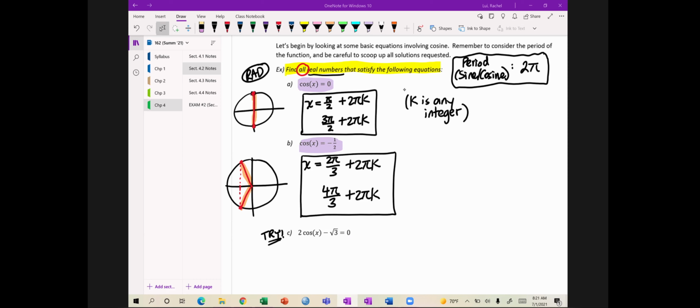And the equations start at level of difficulty easy, then it's going to progress as we work through this chapter.